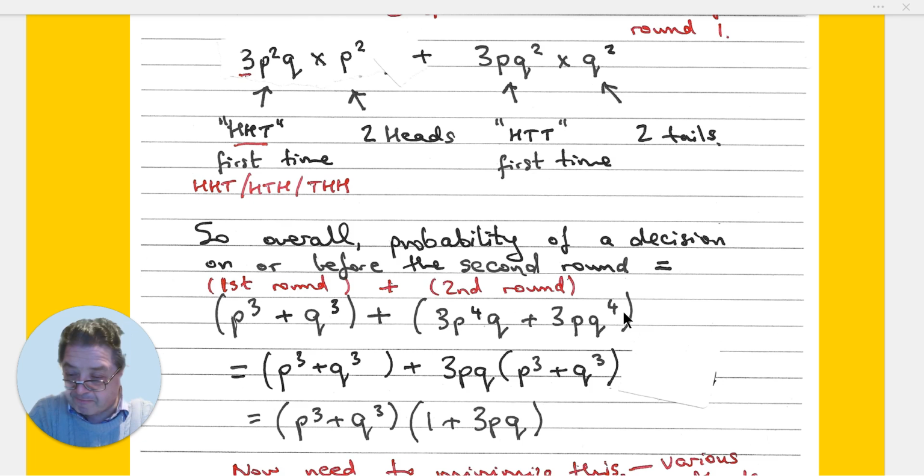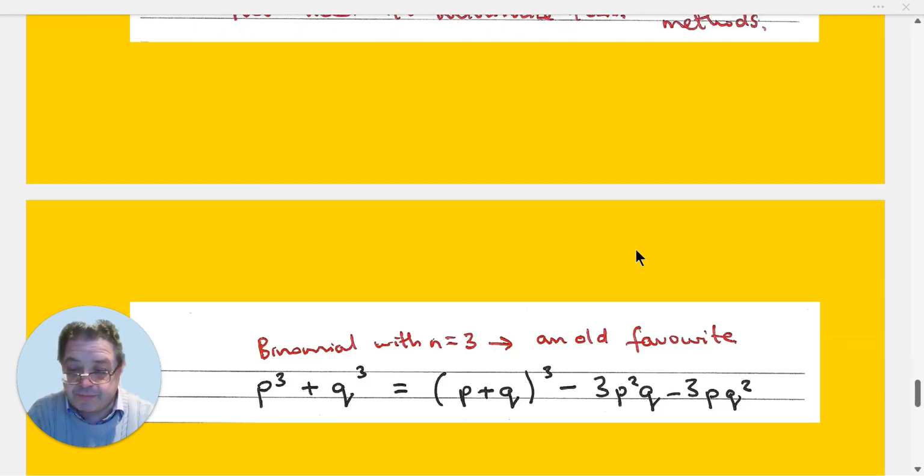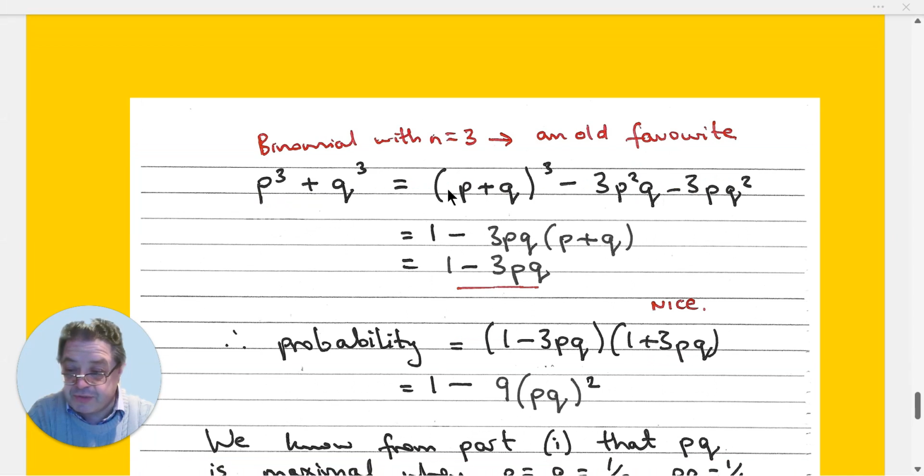So, there's a number of ways of tackling this. It seems to me a sensible way would be to take 3pq out of brackets and then factorize to get p cubed add q cubed times 1 plus 3pq. p cubed plus q cubed can be tackled using the expansion of p plus q cubed.